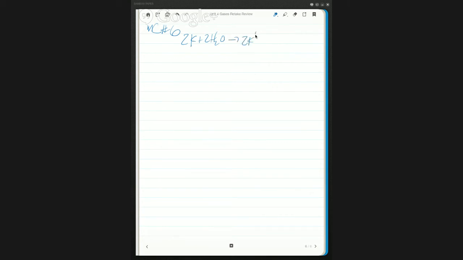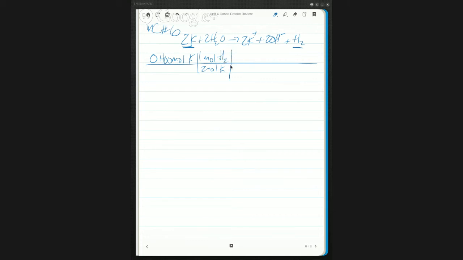All right, and we're given 0.400 moles of potassium, and we're looking for the volume of hydrogen gas. So really, we're going from K to H2. So if we have 0.400 moles of K, for every 2 moles of K, we have 1 mole of H2.